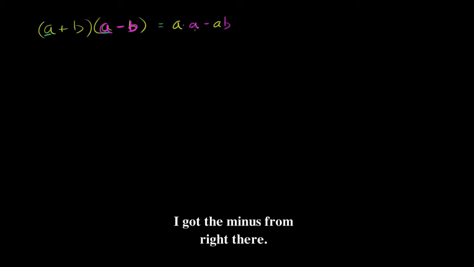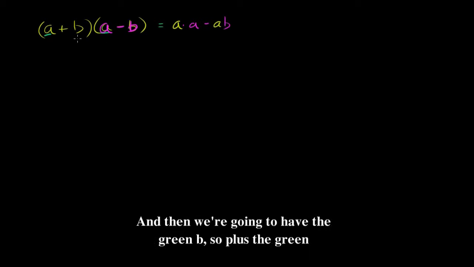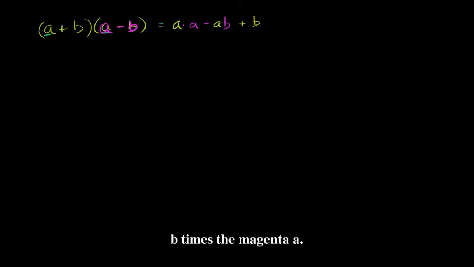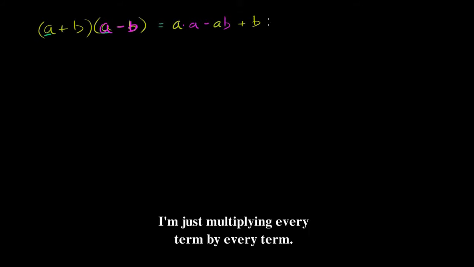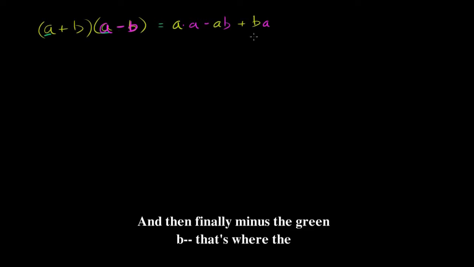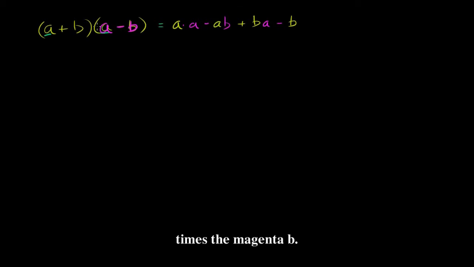I got the minus from right there. And then we're going to have the green b, so plus the green b times the magenta a. I'm just multiplying every term by every term. And then finally, minus the green b times the magenta b. That's where the minus is coming from.